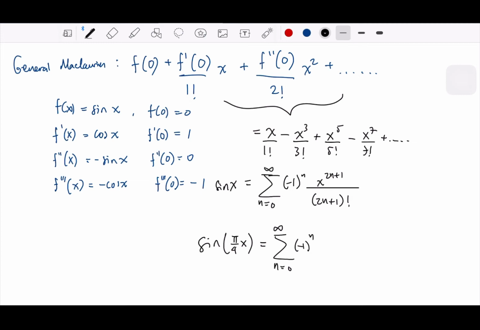So let me write, this is pi over 4 x to the 2n plus 1, over 2n plus 1 factorial.